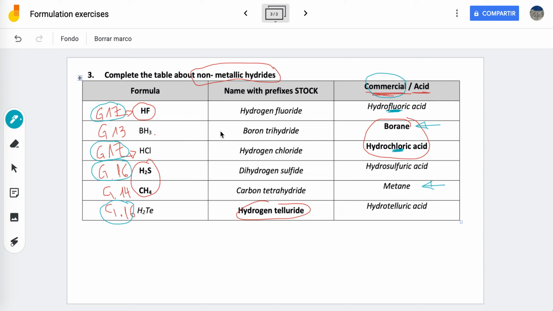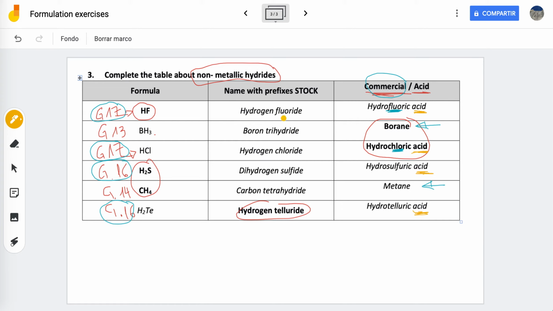So in this example will be hydrofluoric acid. Yes, group 17 and group 16 have acid names. They are like acids.